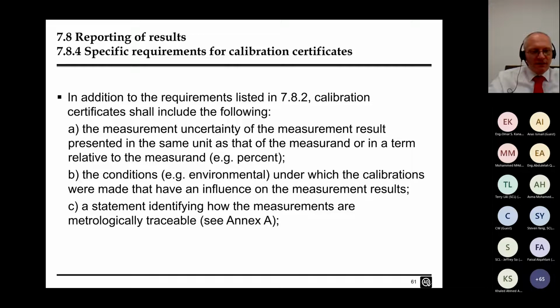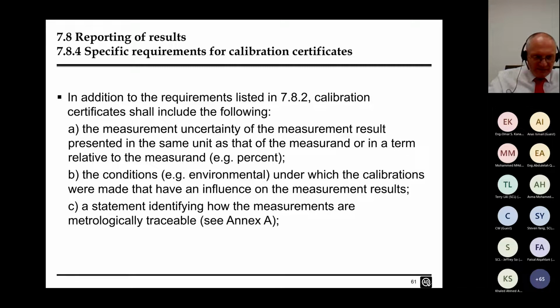It seems to happen with thermocouples, and it seems to be accepted, but generally they should be either the same unit or in relative terms. You need to record any relevant environmental or other conditions under which the measurements were made, anything that would have an influence on the measurement results.